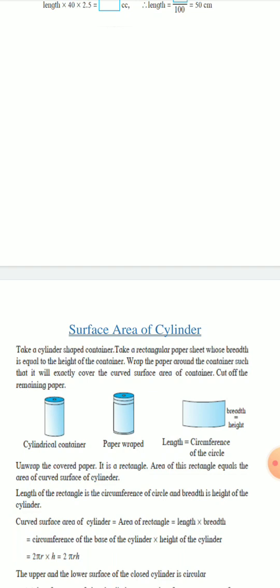So to calculate the curved surface area, my formula becomes area of the rectangle, which is length into breadth. Length is the circumference of the base of the cylinder, and breadth is the height of the cylinder. As we know, circumference is 2 pi r, where r is the radius of that circle, and height is h. So your formula becomes 2 pi r h.